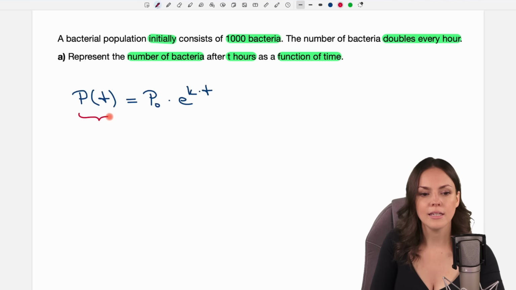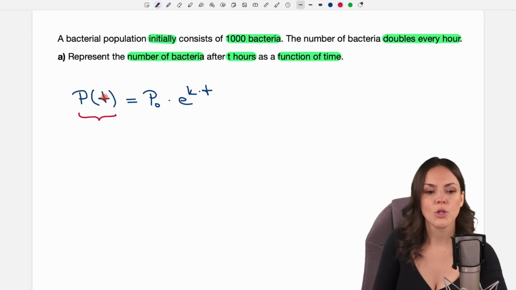P of t is always what we're looking for in our problem. So here we're counting the number of bacteria. They tell us that initially we have 1,000 bacteria. So P of t is always what this problem is about, and here it is the number of bacteria.